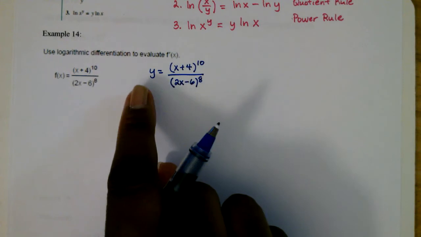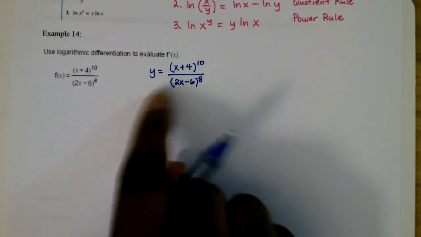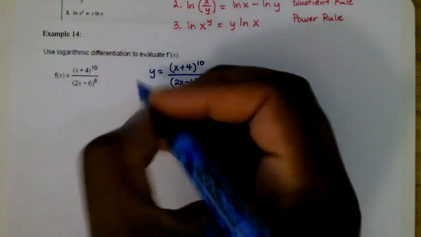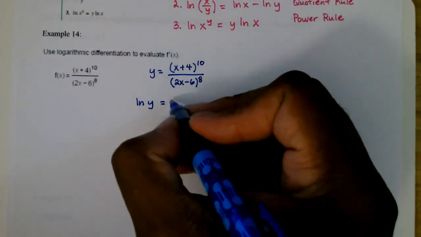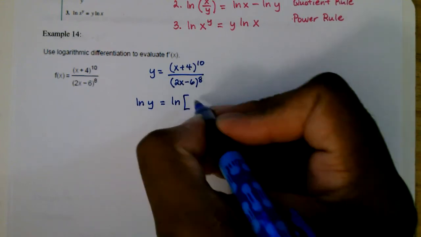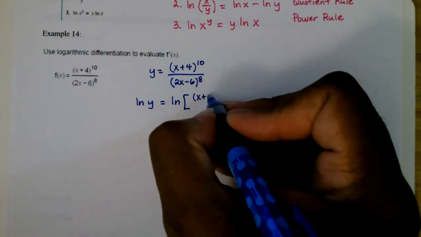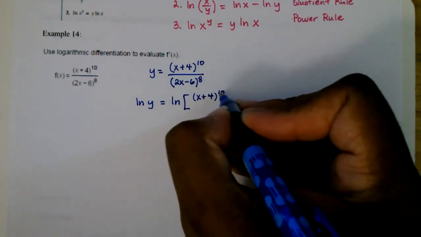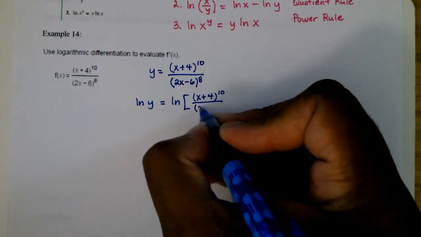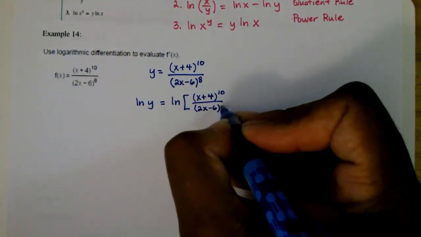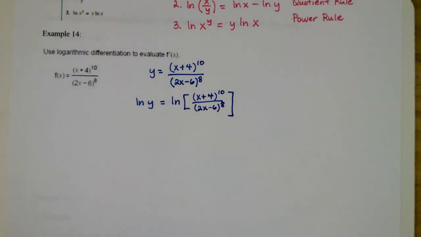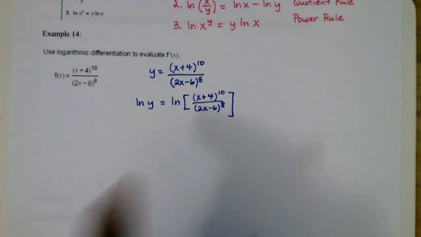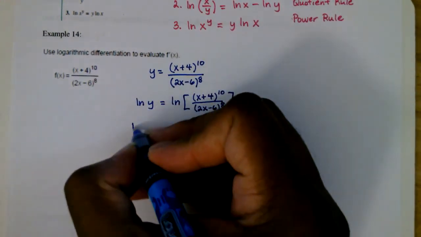I'm going to start this off by taking the natural log of both sides of this equation. So here I'm going to do ln of y is equal to ln of that quotient x plus 4 raised to the 10th divided by 2x minus 6 quantity raised to the 8th. Now notice on the right side, let me bring the ln of y down.